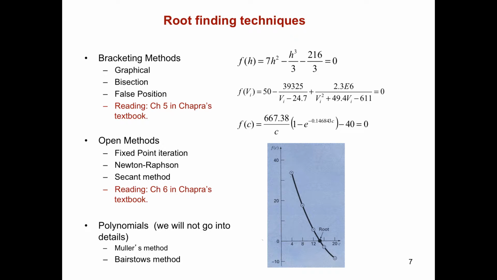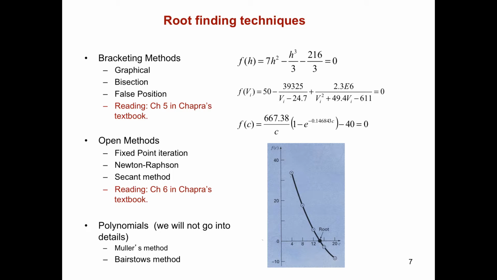So polynomials, we will not go into the details, but polynomials are so common and they have a certain structure to them that allows designing methods that are specifically good for them. There are 2 common methods for polynomials. We will not go into the details here. Basically, what you need to know about root finding, you will get from the methods that we will cover.